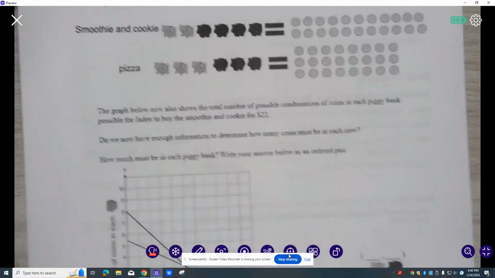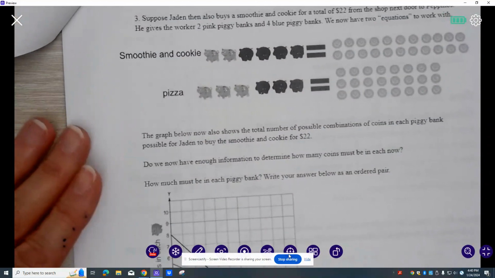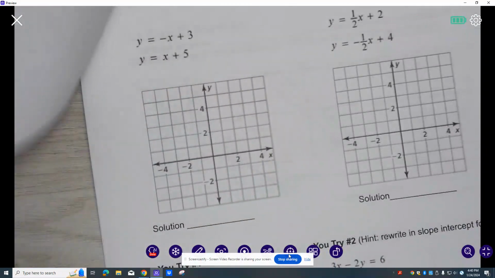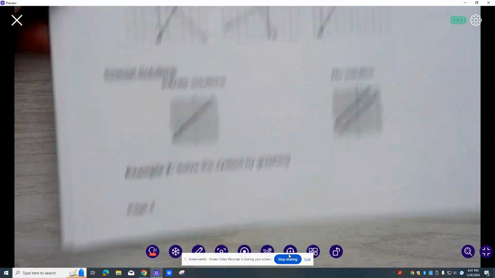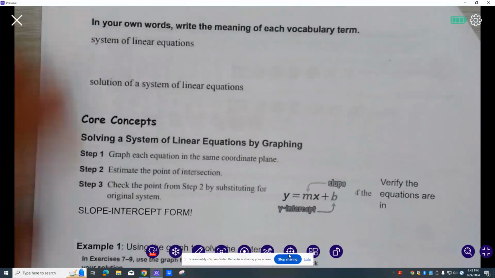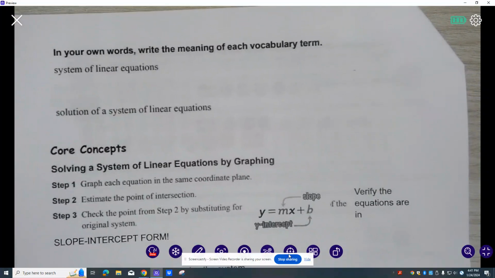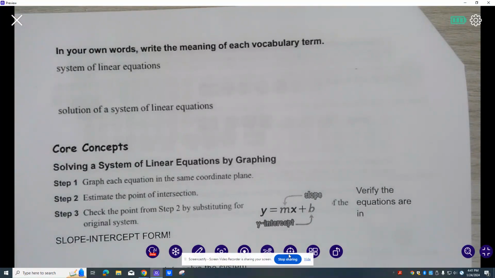But I want you to flip past these pages and start on page 4. This is what it looks like at the top of your page. I'll give you a minute to find your way there.